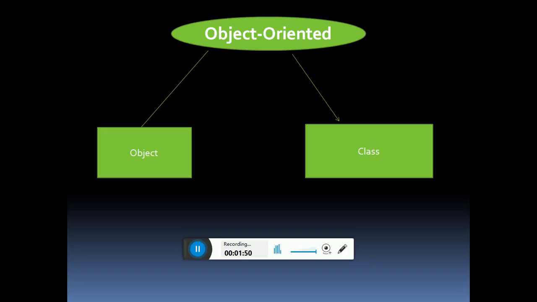The definition for the object is any entity that exists physically in this real world which requires some memory is called as object. Every object contains some properties and some actions. The properties are the data which describes the object and the actions or the tasks or the operations performed by the object.